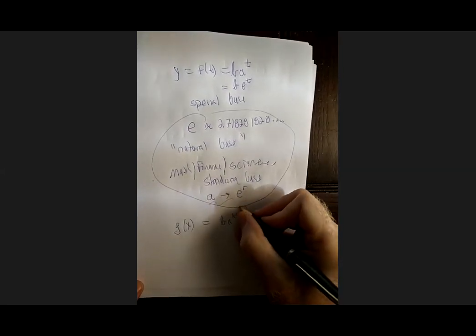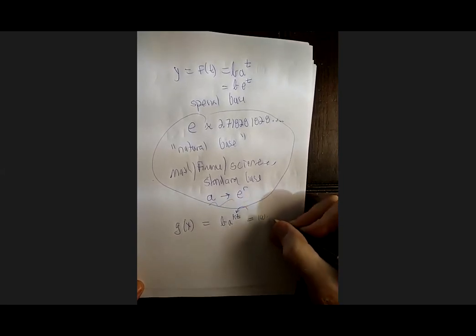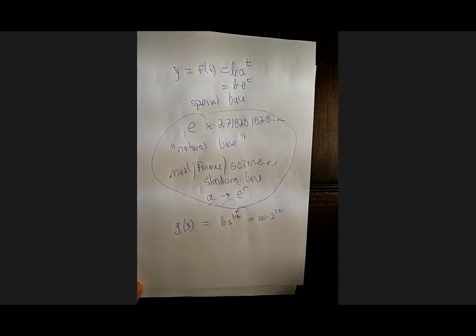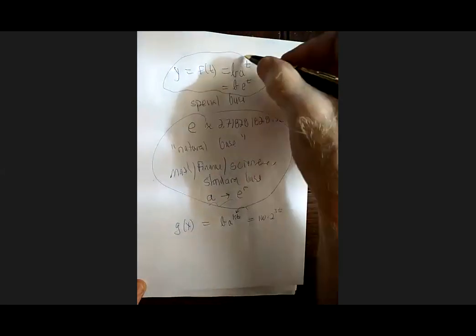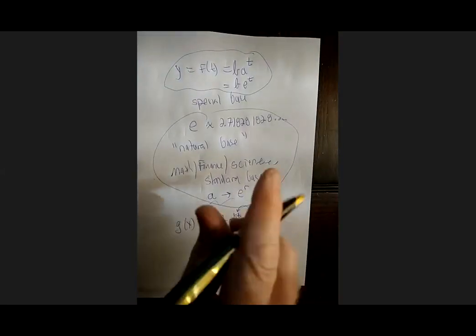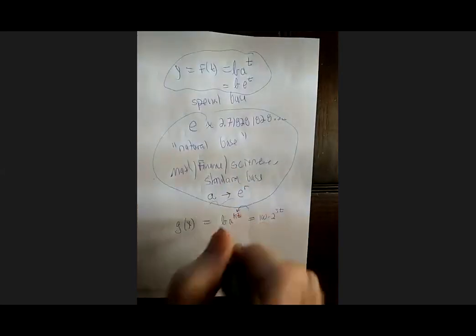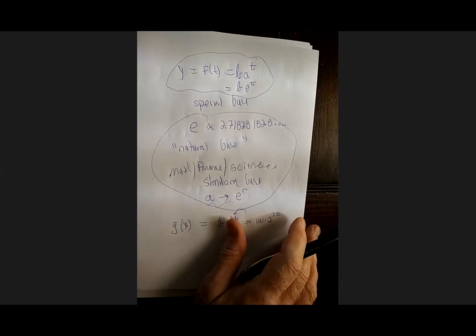So for example, you could have 100 times 2 to the 3t, something weird like that. But again, I'm going to focus on these forms. So that's the outline of exponentials. And so knowing this, you can do pretty much everything on the worksheet, or at least get started.